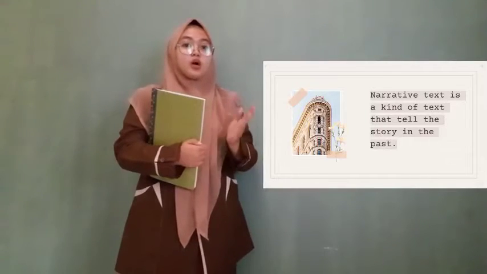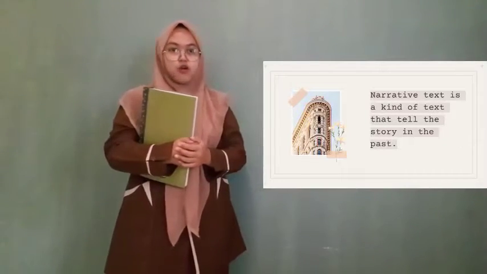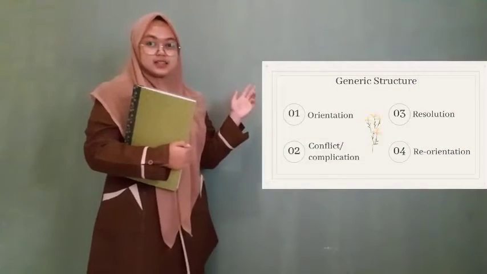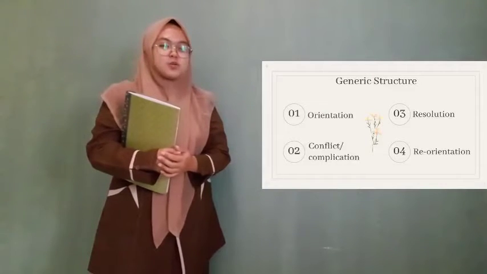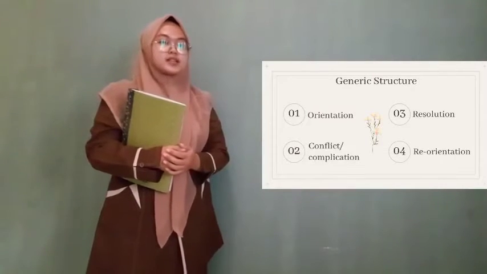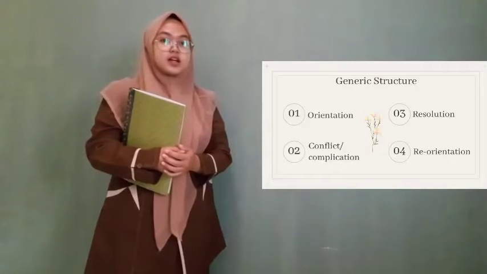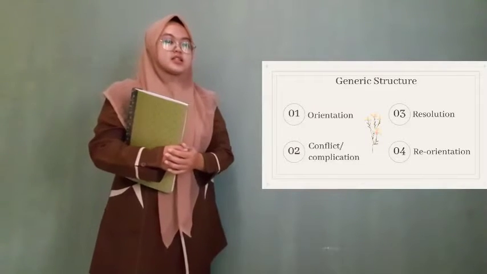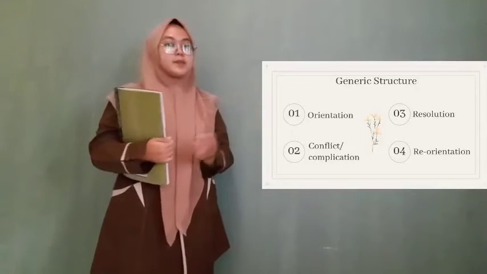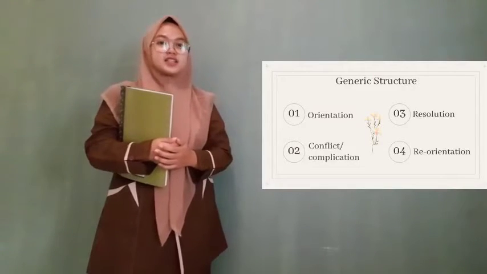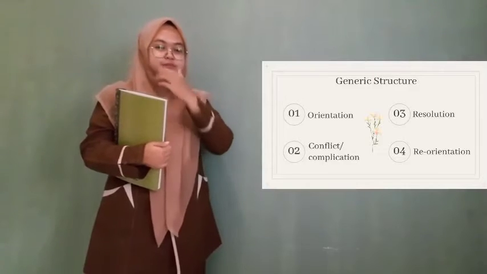Okay. What are the generic structure of narrative text? Now, let's look at the slide. The first is orientation. It is about the opening paragraph where the characters of the story are introduced. So orientation introduces the characters, place, time, and how the story happens.